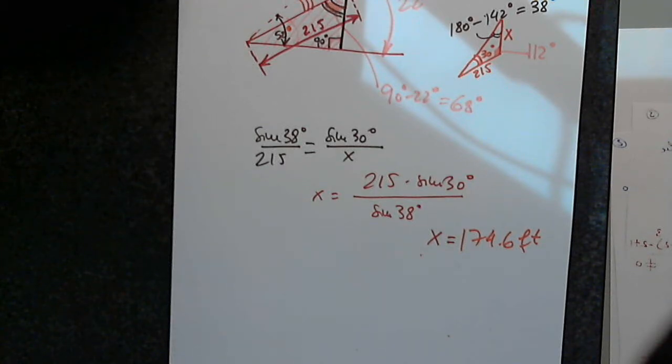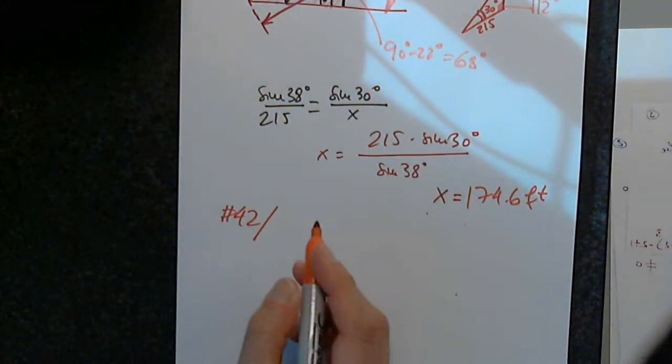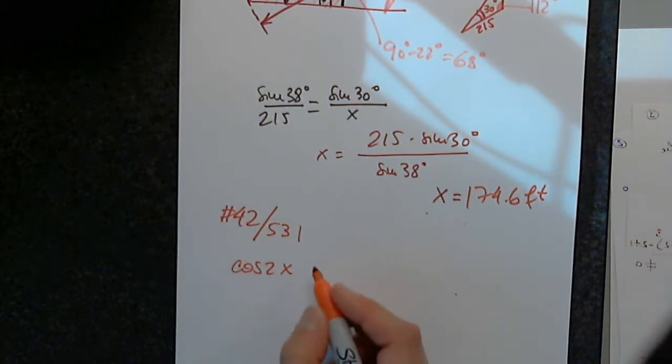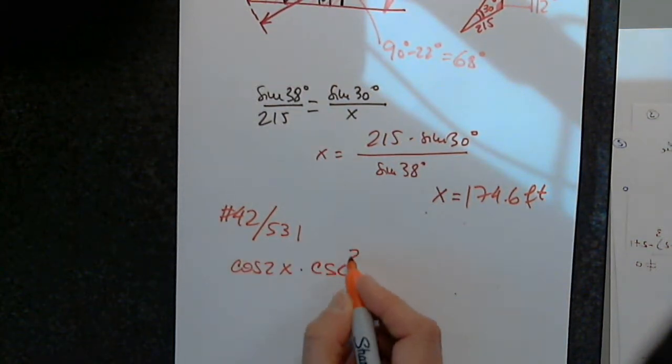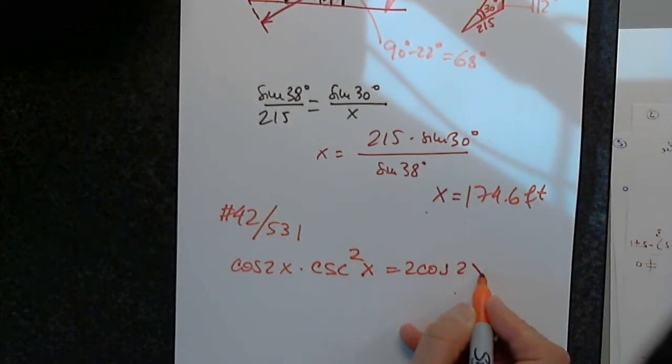Page 531. Problem 42 caught my eye. Cosine 2x times cosecant squared x equals 2 cosine 2x.